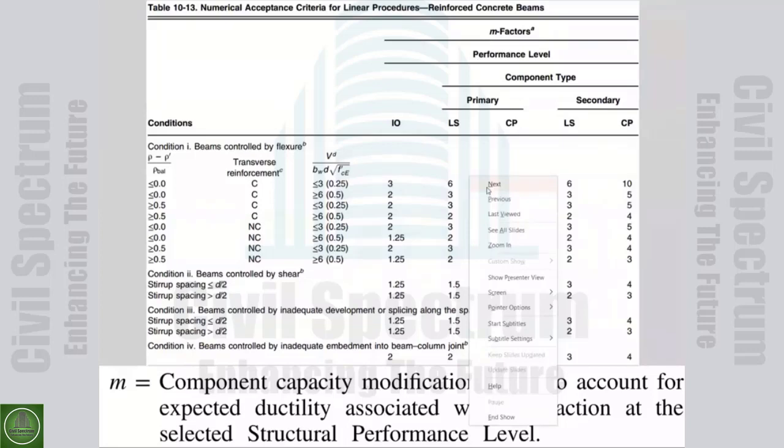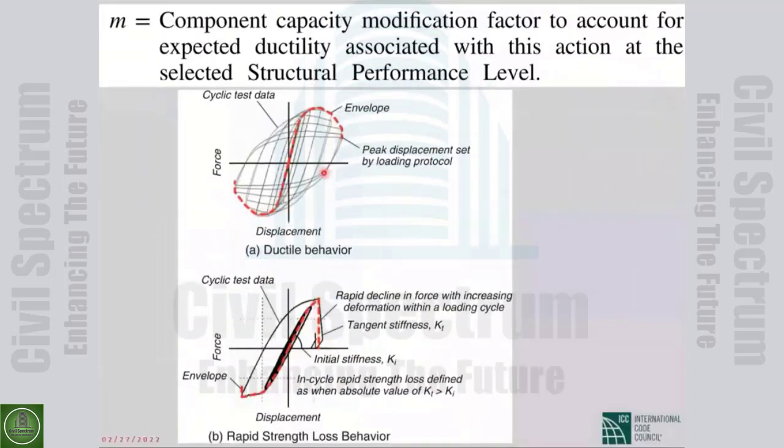These M values are calculated, as I said, mainly based on experimental investigation and results of past studies, cyclic tests on the materials, under every one of those conditions. If you use, for example, condition 1, how much ductility is there? If you use condition 2, the behavior becomes more brittle, so we should use smaller M values.